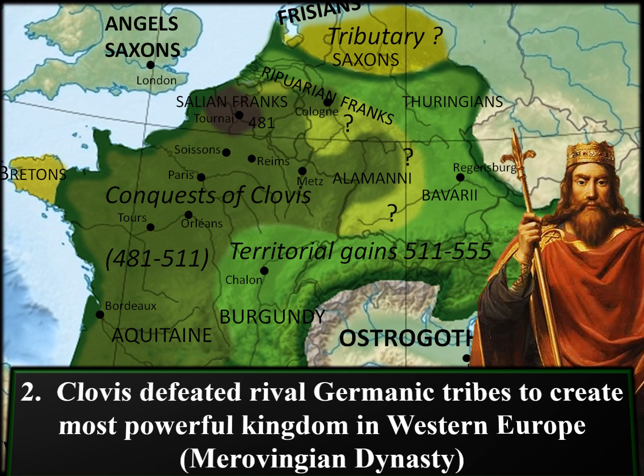Ultimately, Clovis will create the most powerful kingdom in Western Europe since the Roman Empire, and he starts a new dynasty. This dynasty is known as the Merovingian Dynasty, and it will last several generations.